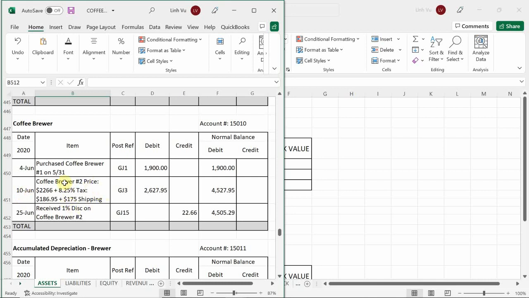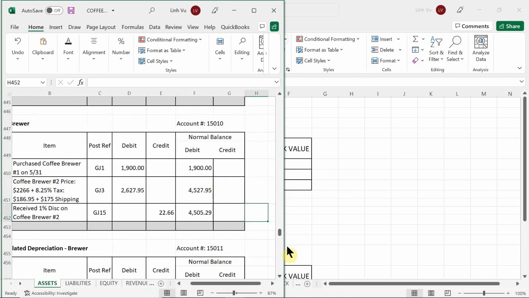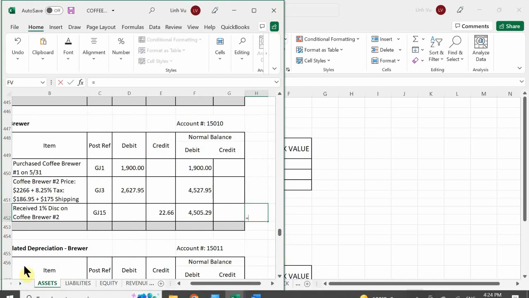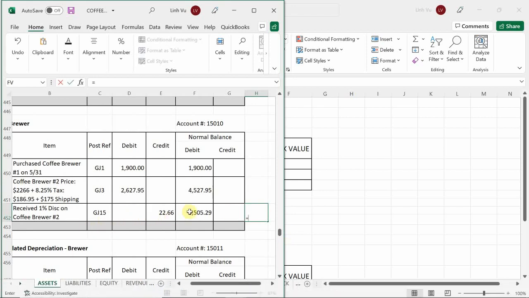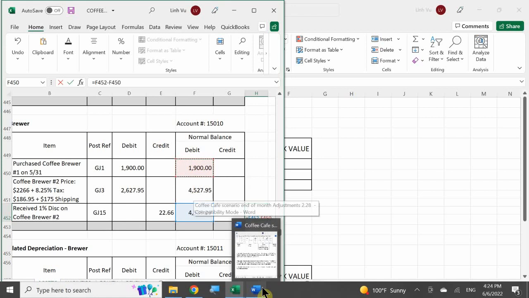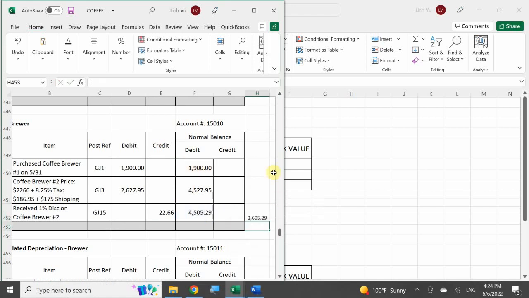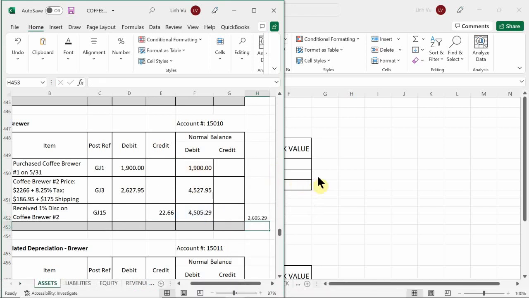Now we need to calculate how much this second coffee brewer cost me, because we end up taking a discount on it. There are 2 ways you could do this. You could take your grand total amount of $4,505.29 and just subtract your $1,900, which is your first coffee brewer, to get a grand total of $2,605.29.